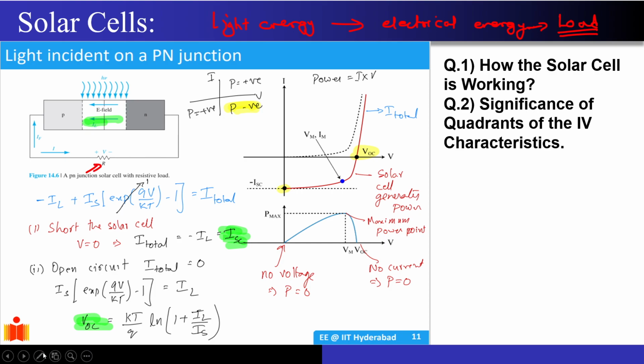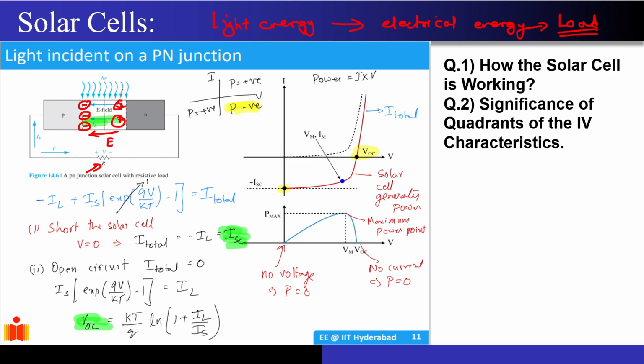Now what actually happens if I shine the light on the PN junction? I have not biased this, I have just taken the PN junction over here. I am shining the light on top of this semiconductor material. You know that because there exist immobile charges in the depletion region, there exists an electric field that is directed in this direction.